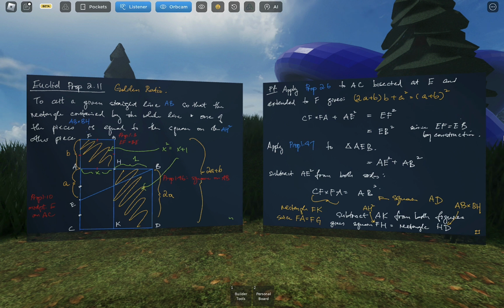And of course, if you solve for x, because H is constructed such that these two quantities are equal, you already know that this gives you the golden ratio, because this is the quadratic equation that we first learned this way, I guess most of us learned it like this. And so yeah, that's the construction that gives it to you.